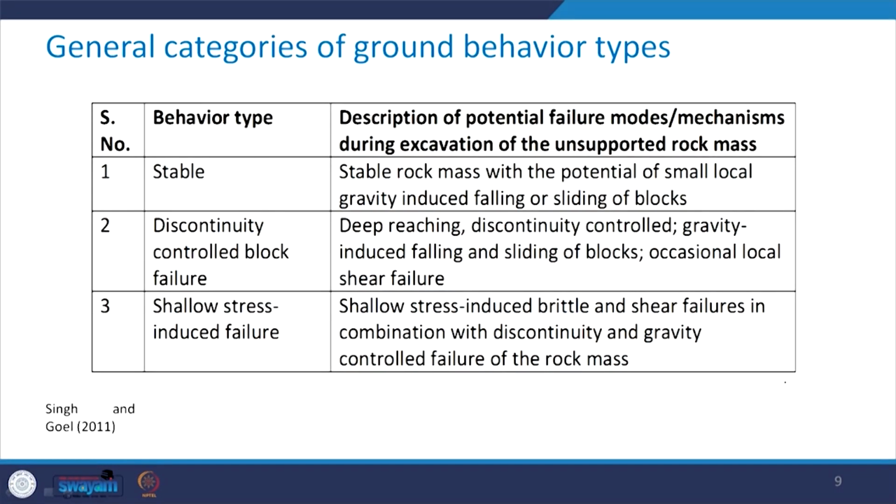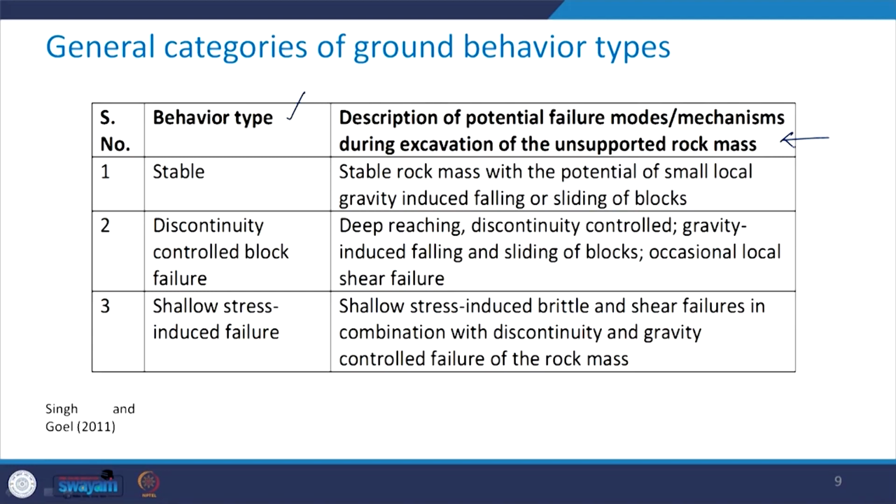Coming to the general categories of ground behavior types. The second column gives the behavior type, and the last column describes the potential failure modes or mechanisms during excavation of the unsupported rock mass.